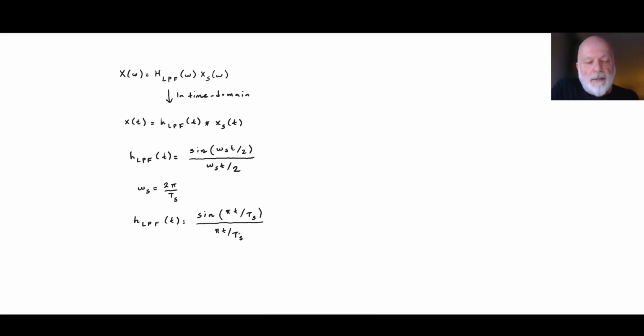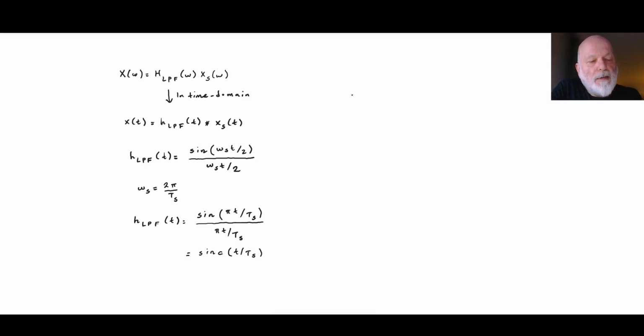Okay? And now we are able to express this function in terms of the sinc function. So this is sinc of t divided by Ts.